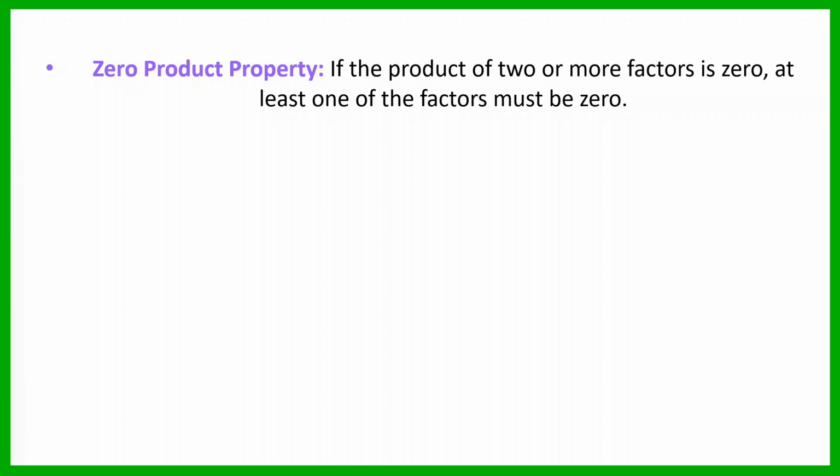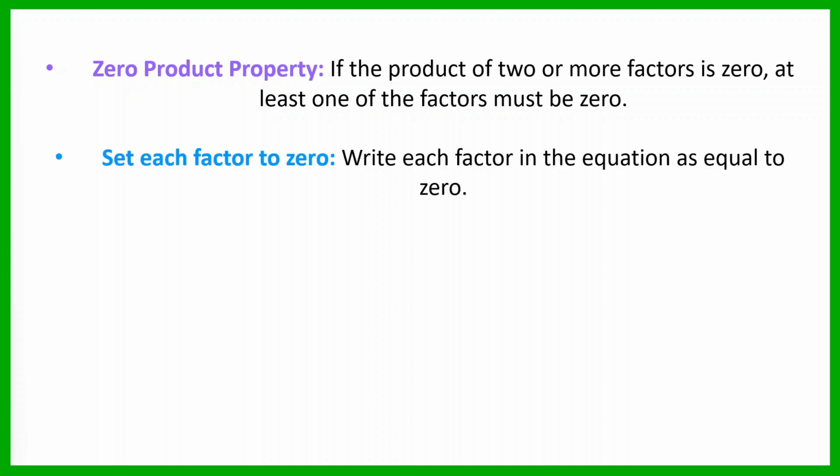So when you've got a product of two or more factors and that product is 0, it means that at least one of the factors must have been 0 to start with. So what we're going to do when you get an equation like this is not multiply it out. You are going to take each of the factors and put them equal to 0.